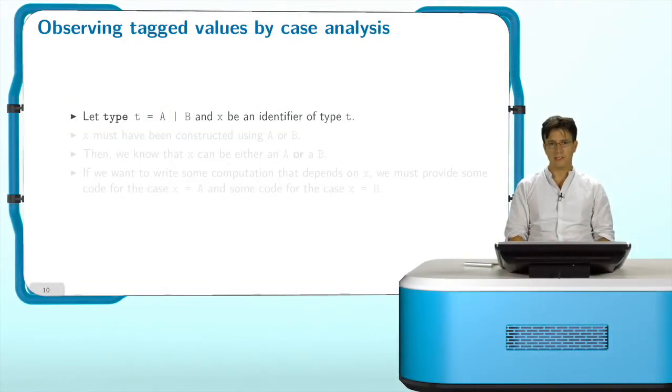So now let's consider type t, which is defined like an enumeration using two tags, A and B. And let us assume that we have a variable x of type t.